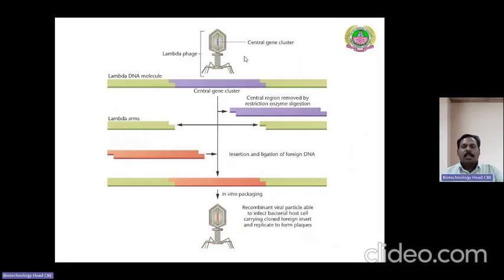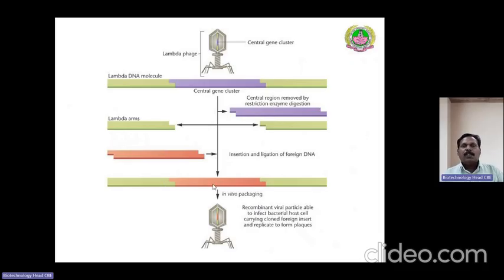So here you can see the lambda phage is resting on a bacterial host system. The lambda DNA molecule has a central gene cluster, the region which contains the non-essential regions. So you can use an appropriate restriction enzyme to remove the central regions, because they are non-essential, and removal of them will not cause any reduction in the infectivity of the bacteriophage system. And these regions can be replaced with the foreign DNA or insert, and they can be ligated with the ligase enzyme.